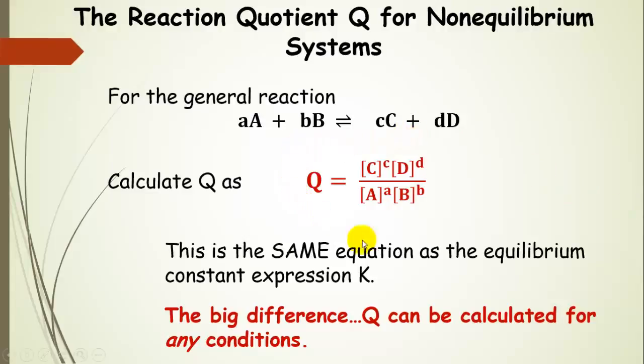The only difference is that instead of K, we're going to have Q. But we use the same setup, so products over reactants, each product and reactant raised to its coefficient power. So the expressions are exactly the same. Now, we only use the equilibrium constant expression at equilibrium, but Q can be calculated anytime, so under any conditions.